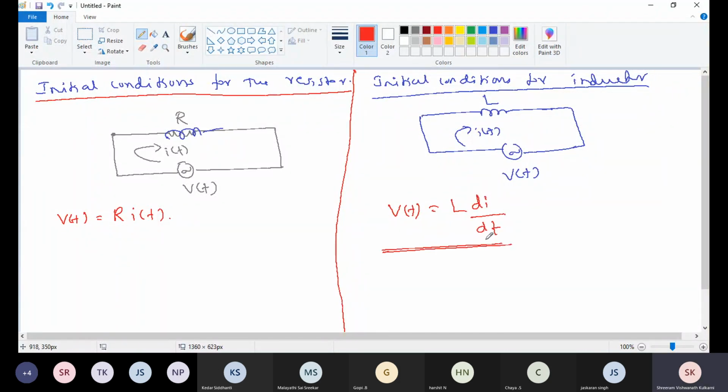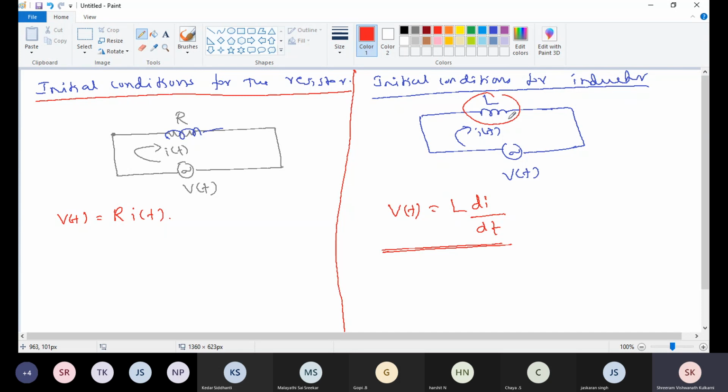Correct? Where the voltage across the inductor is proportional to the rate of change of the current flowing through the inductor. It means we cannot change the current through an inductor in zero time.